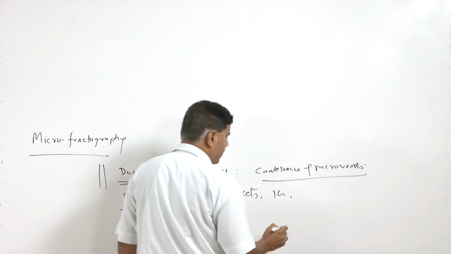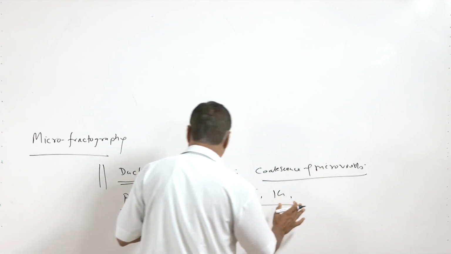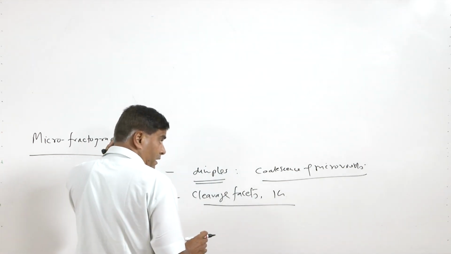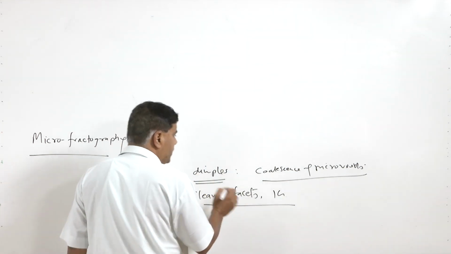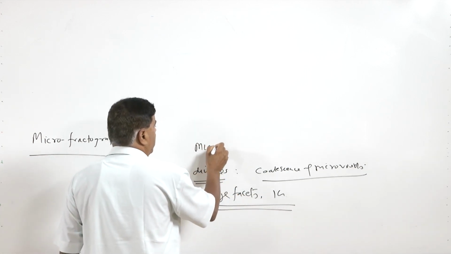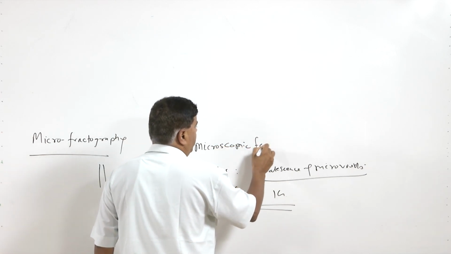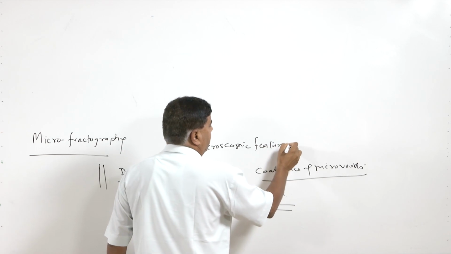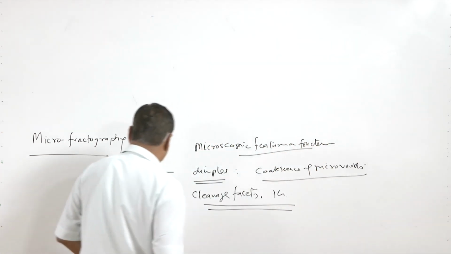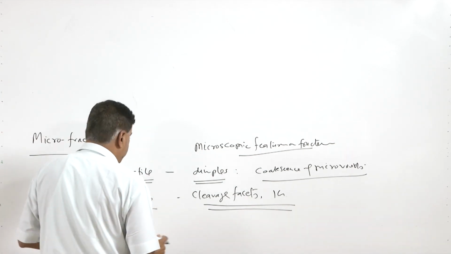These are the two features which involve the brittle fracture, and these can be observed only at a higher magnification, and that is why we call them microscopic features on fracture surfaces. So these are the two broad groupings to understand.